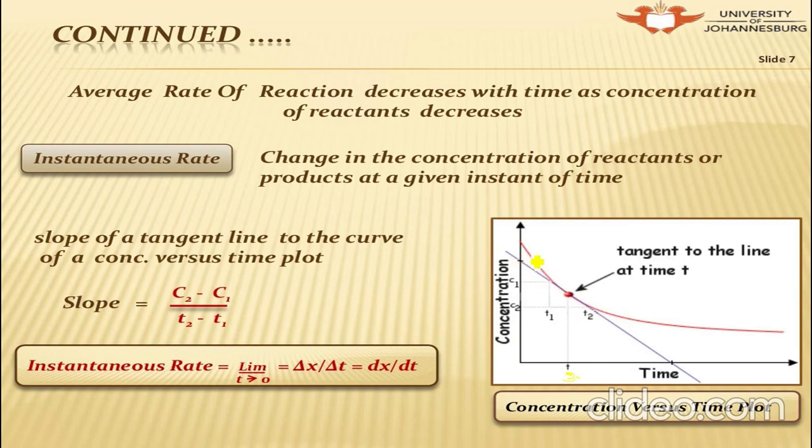And then this tangent shouldn't cut the curve, but should be passing exactly at the curve. And then you need to obtain your two concentrations just within this same tangent. So we have the initial concentration there and the final concentration there. Our initial time and the final time were obtained. So therefore the slope looks like so. Slope is equal to the final concentration minus the initial over the final time minus the initial time. So this is how you obtain the instantaneous rate.